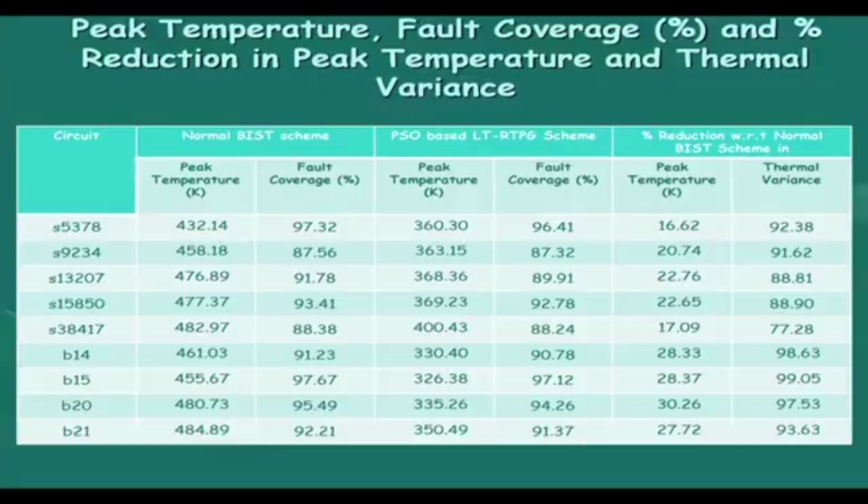So, in this BEAST approach, we can choose the polynomial, the seed, and the tapping positions, and use an LT-RTPG type of scheme for reducing the thermal variation and peak temperature.